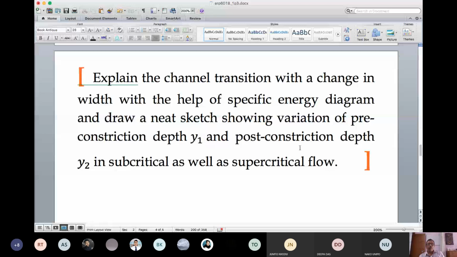So there is a constriction in the width. This is change in width, and how subcritical flow and supercritical flow, y1 and y2 vary, we'll see in the next class.